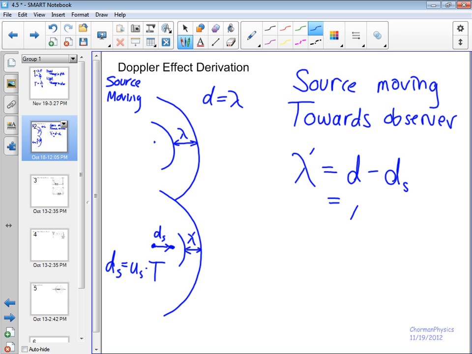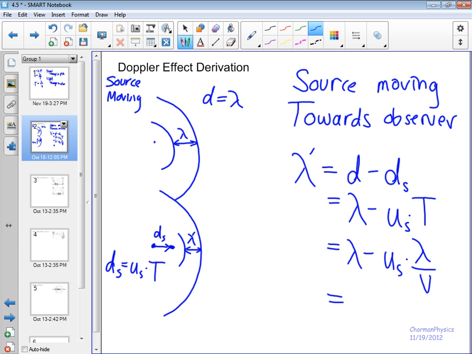We're substituting our values here. Lambda is just d, and this is going to be equal to u sub s times T. So if we remember that the period is just equal to lambda divided by v, we substitute that in, that's from the previous slide, we end up with this, lambda all over v.